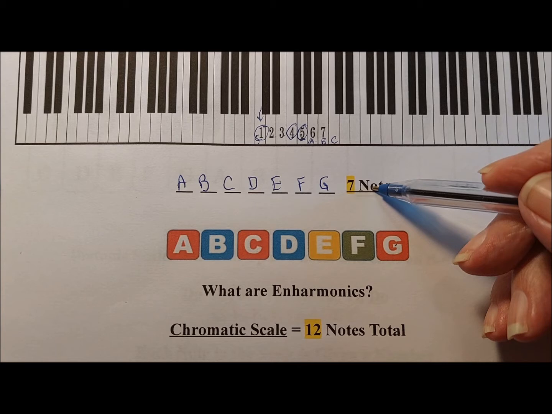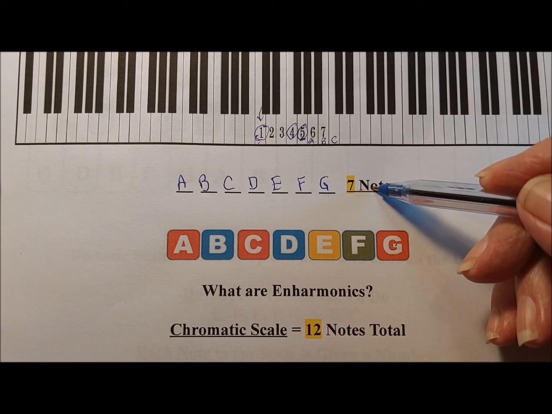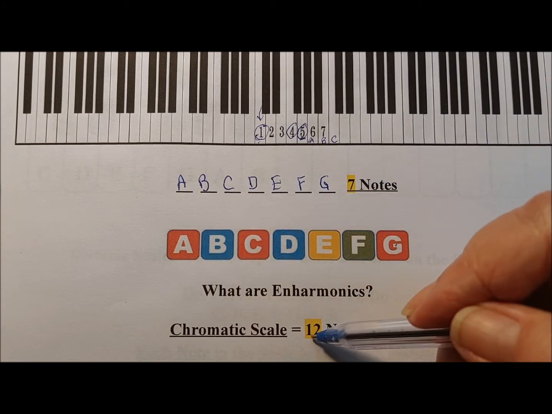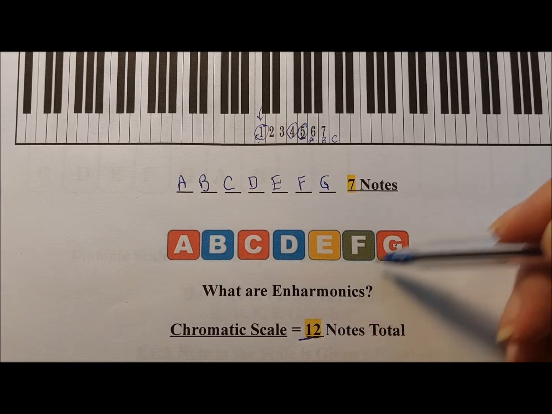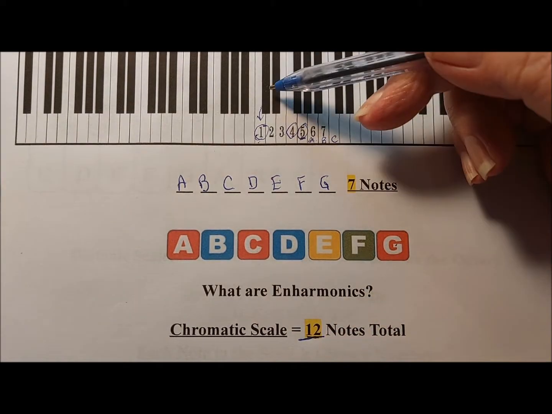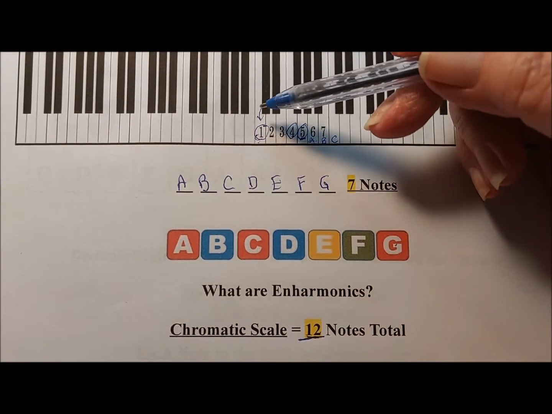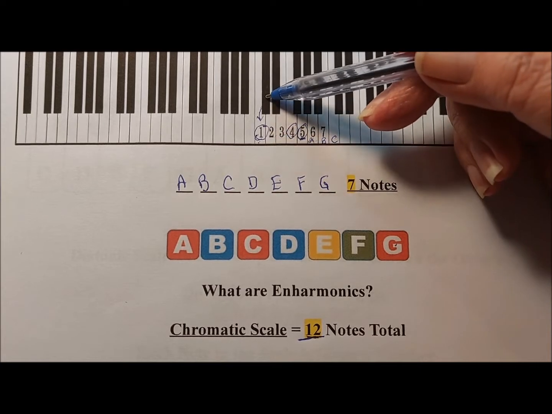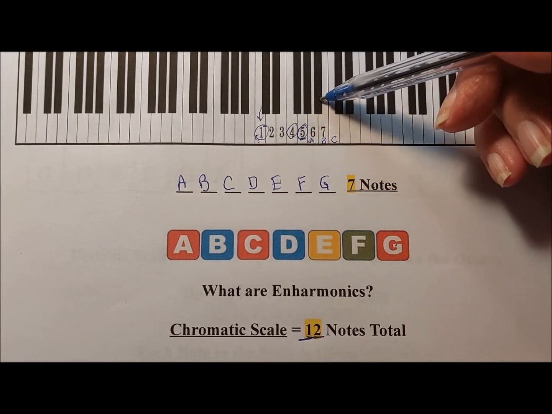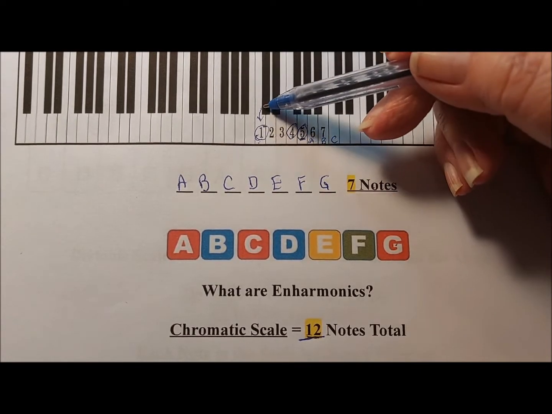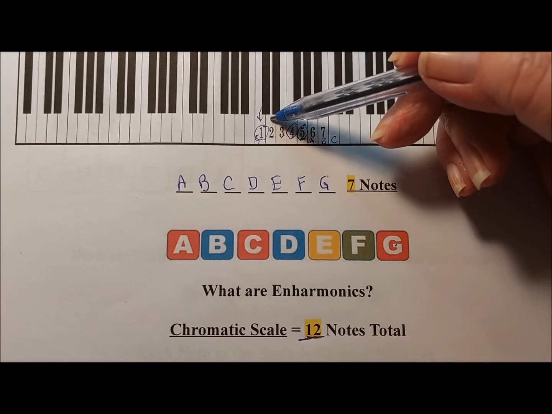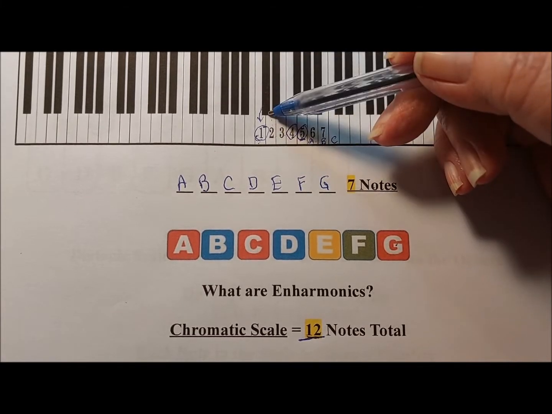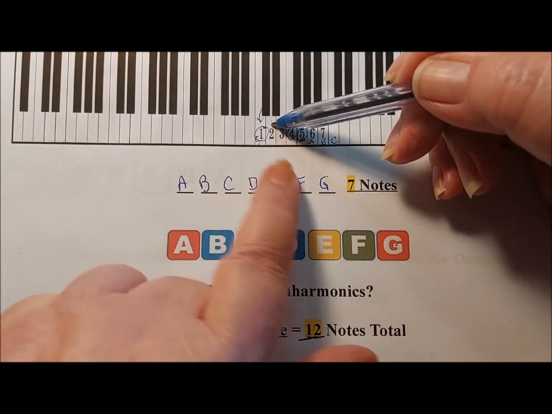Okay, so we've done the A, B, C, D, E, F, G. So we know the 7 notes. But a complete chromatic scale is 12 notes. That's because chromatic scale goes by half steps. So these black notes are considered half steps. If there's a black note in between from one note to the next, that's a whole step.